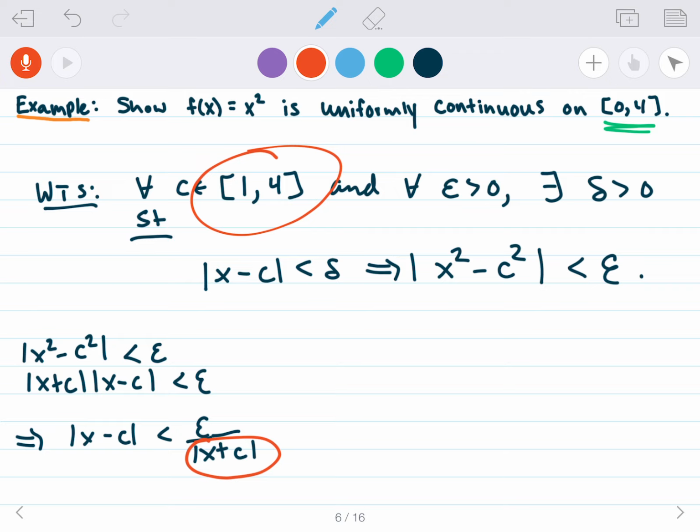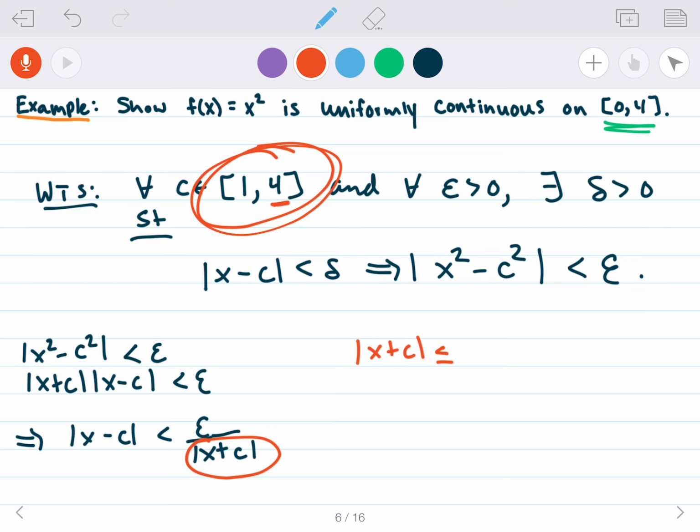So, what's the bound we can put on this? Well, we say that x plus c is going to be less than or equal to what? What is the maximum that we could have? Well, you could have 4 plus 4, right? That would give us 8, and that's going to be the maximum of x plus c.